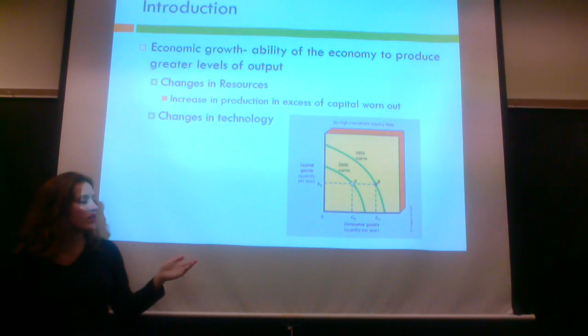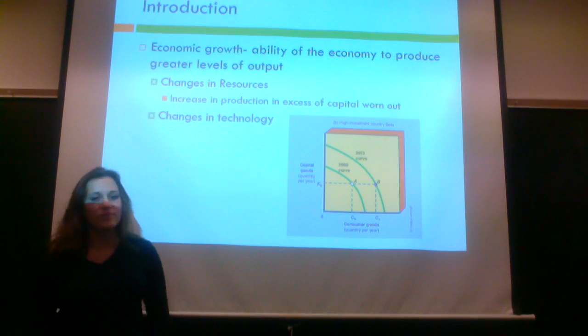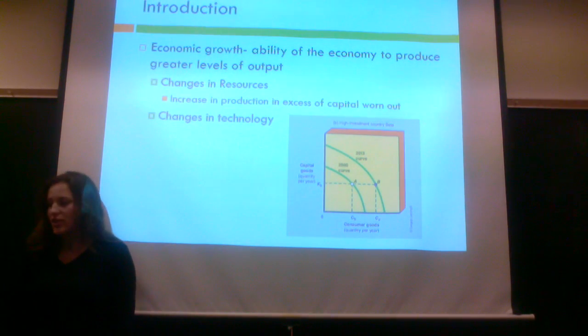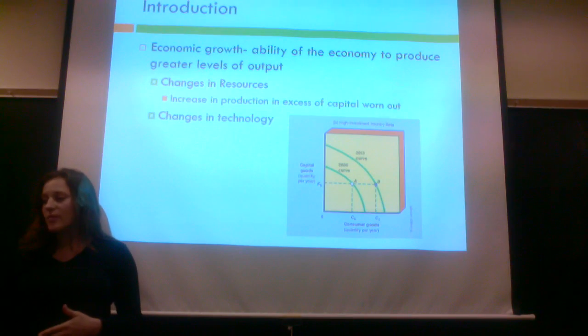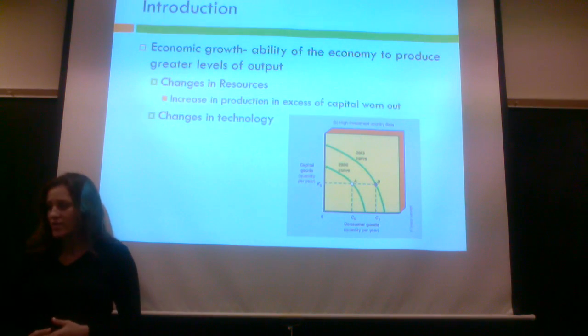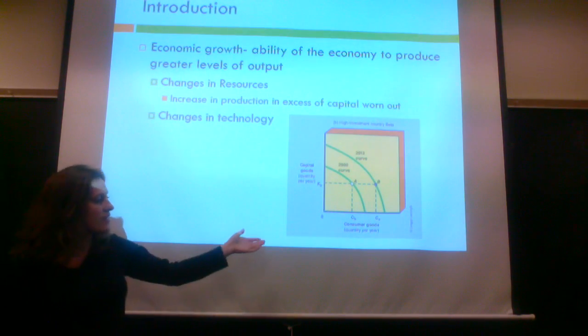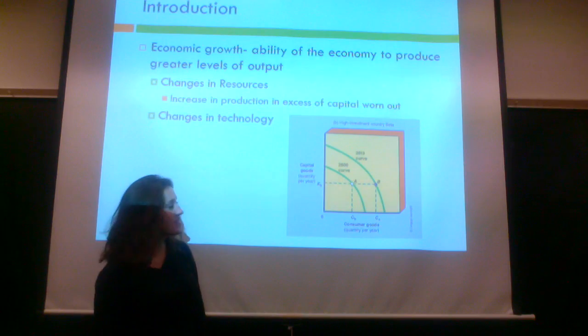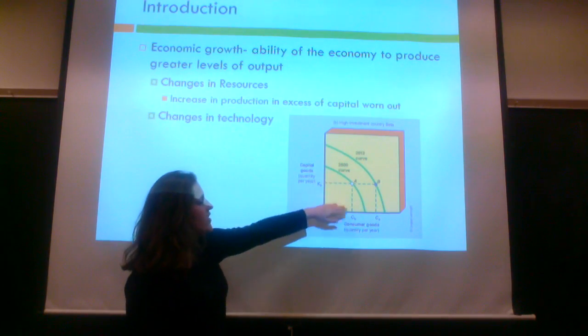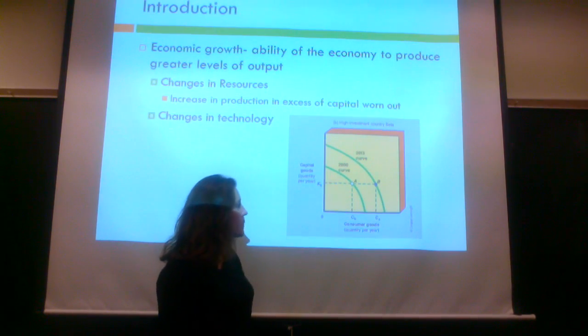So this refers specifically to the production possibilities curve that we see right here. The production possibilities curve shows the maximum combinations of two outputs an economy can produce with available resources and technology. If we're looking at this graph, we see that we have two lines here, one from 2000 and one from 2013.